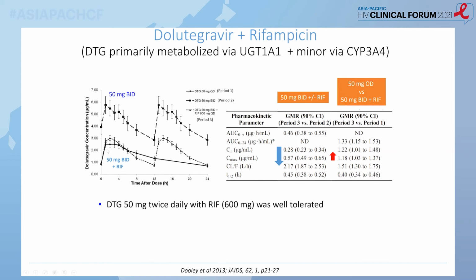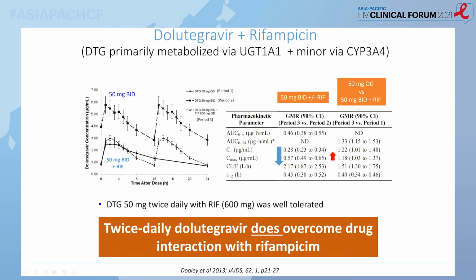And instead of using the standard 50 milligrams once a day, switching to 50 milligrams twice a day seems to overcome this interaction with rifampicin. This has been used quite widely in adults, so that during the period where you have to treat with rifampicin, doubling the schedule, 50 milligrams twice a day instead of once a day, is sufficient to overcome this interaction.